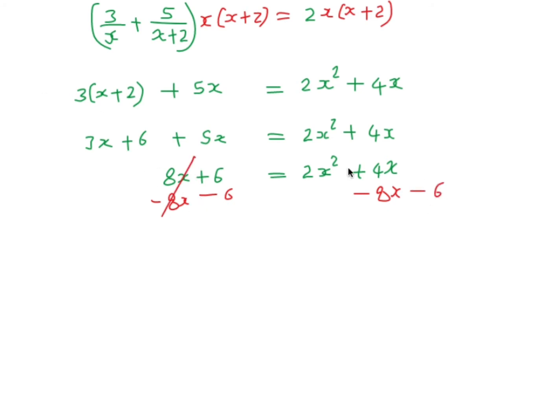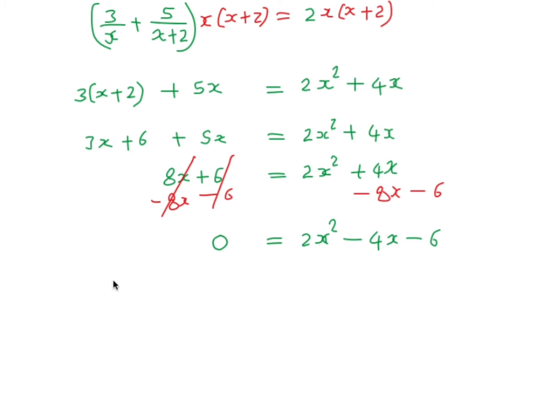Okay, so this will be cancelled and this one is 0. Now 0 equal to 2x square plus 4x minus 8x minus 6, and we can flip it.